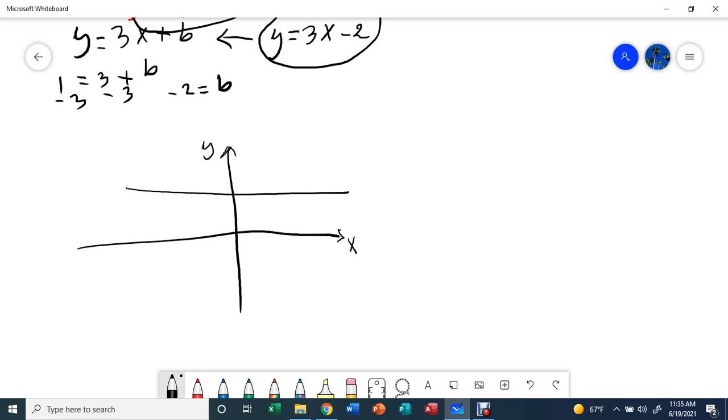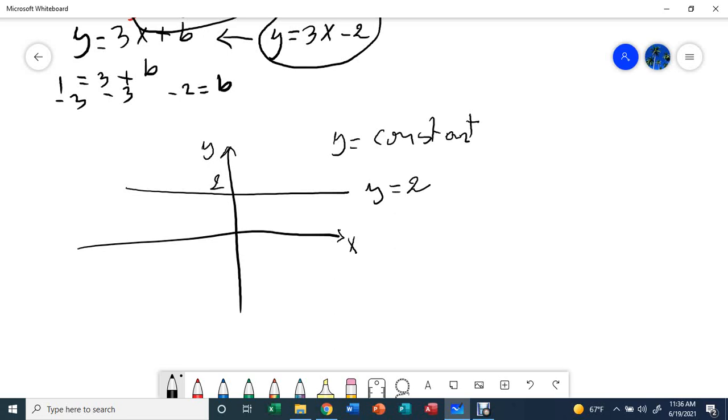So you see x is changing, but the y value is constant. So the equation of a horizontal line is y equal to a constant. It can be like 2 here in this example. So this line is y equals 2.